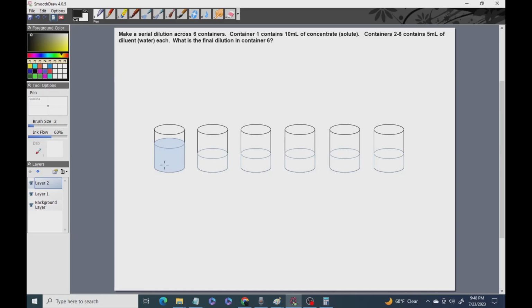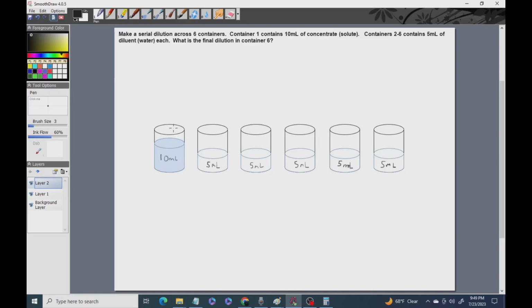So we're starting with 10 milliliters of concentrate, and we have 5 milliliters of diluent in each container. Note the color difference. Looking at this, you could see that we essentially are halving our concentration each time.